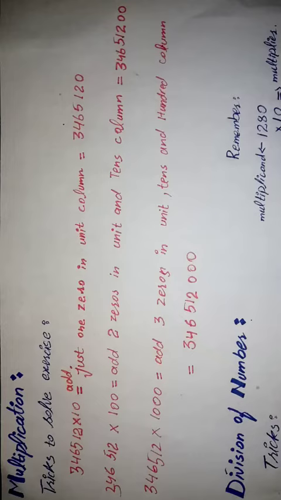When we multiply a number by 1000, it means that we add three zeros in the unit column, tens column and hundred column. It means that we add a zero in the unit column, a zero in the tens column and a zero in the hundred column. As you can see, the result will be 346512000. Okay, these are some rules of multiplication.